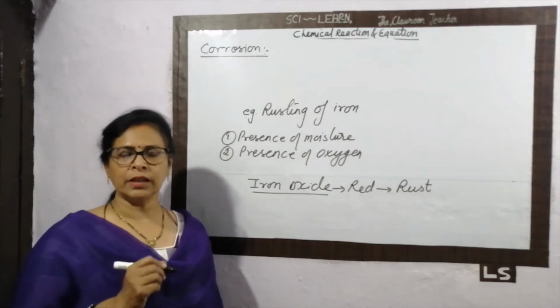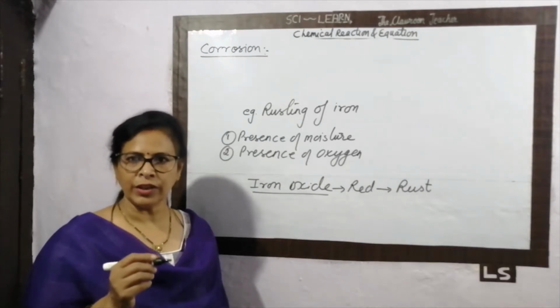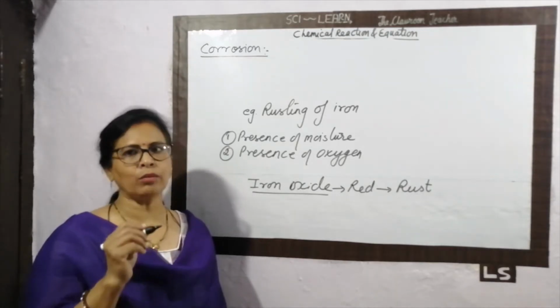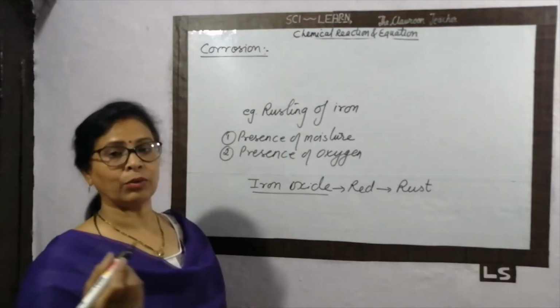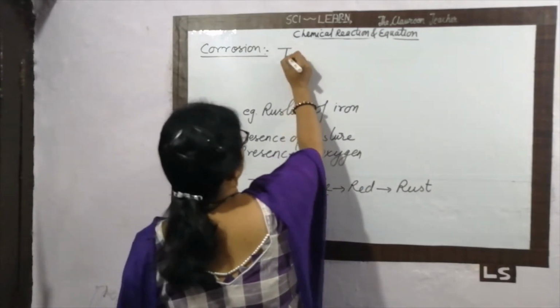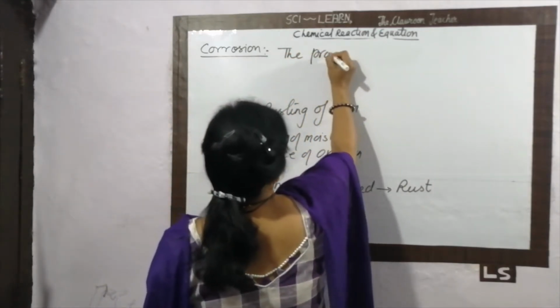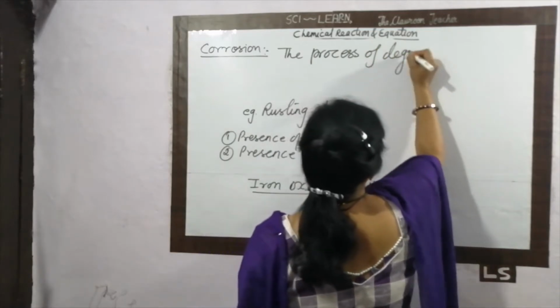So what is corrosion? It is a process of degradation of metal as a result of its reaction with air and moisture present around it. First we are going to write the definition of corrosion.